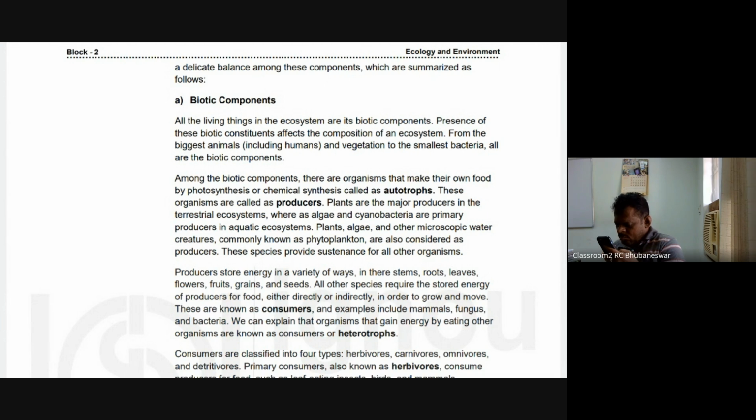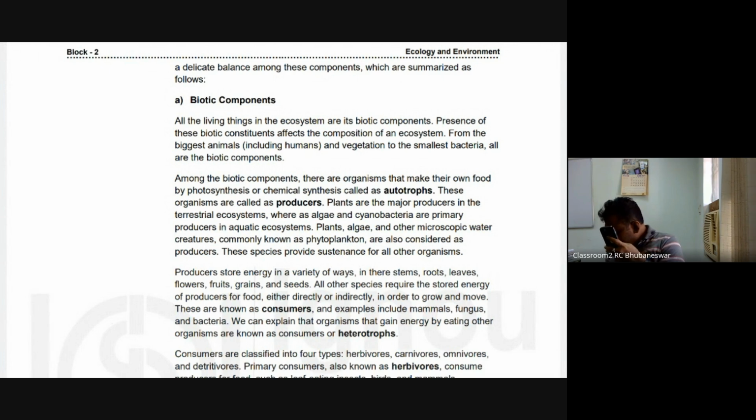Because the proportion of biotic and abiotic elements will decide the energy component also. If the biotic element is more and the abiotic component is less, the relationship or interaction will be different in that ecosystem.